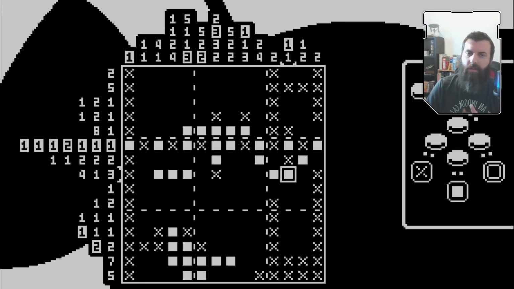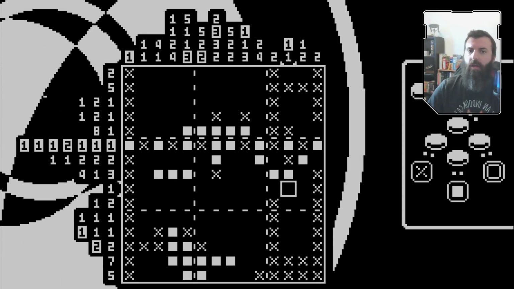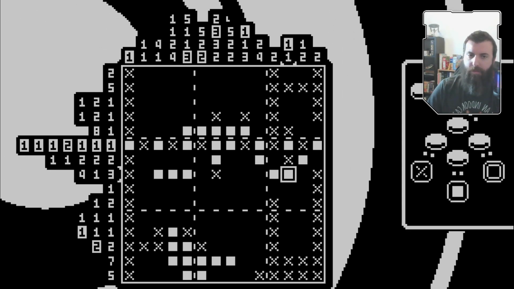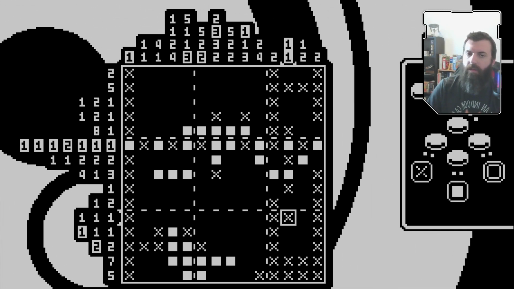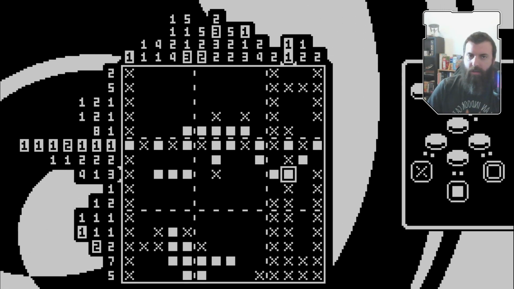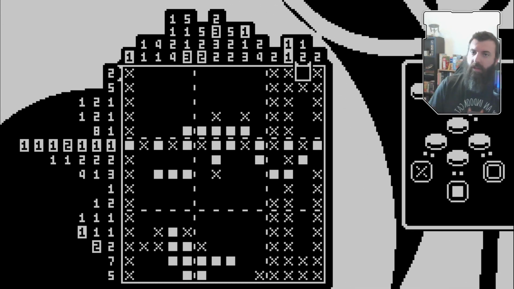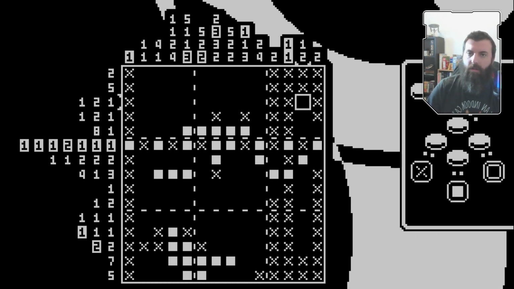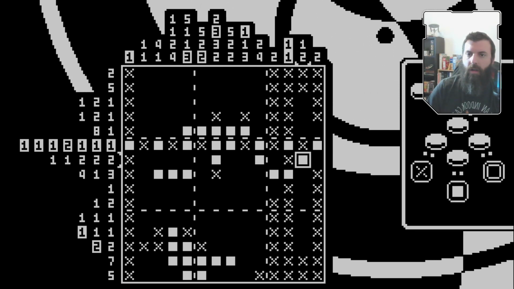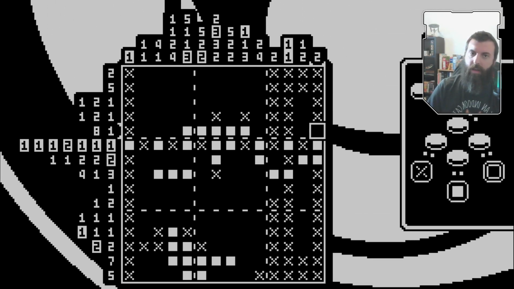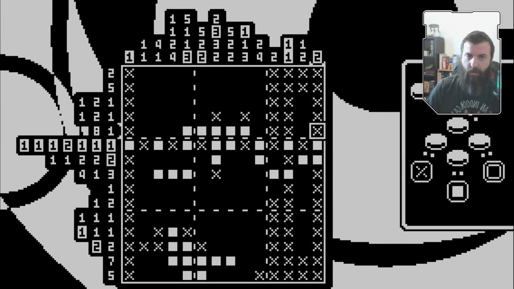So we know that this pixel also has to be filled in for the horizontal 3 there, which means that we've completed this column. Lets us X a bunch out. For example, it lets us X out. Couldn't fit a 2 here horizontally. Ooh, this requires a 2, so that completes that and completes this entire row.